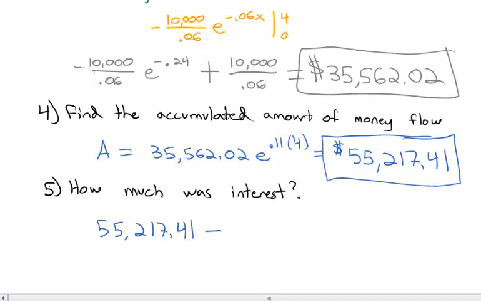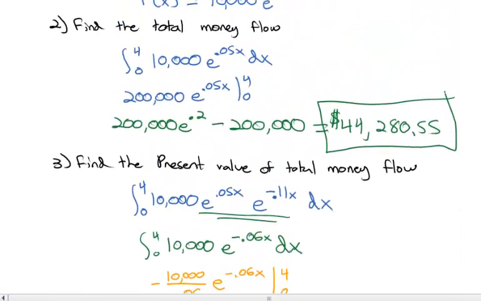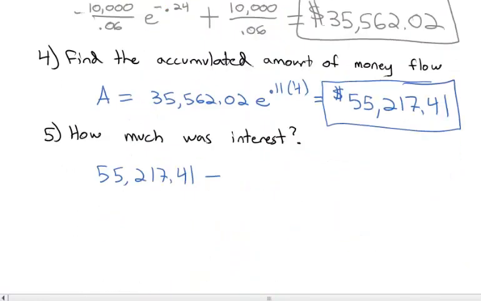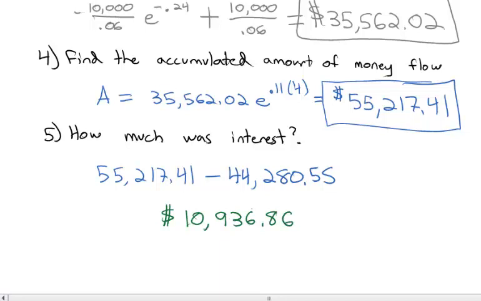We subtract off the total money we put in the account. The money we put into the account, that's the total money flow of $44,280.55. And when we subtract, we find our interest was $10,936.86.